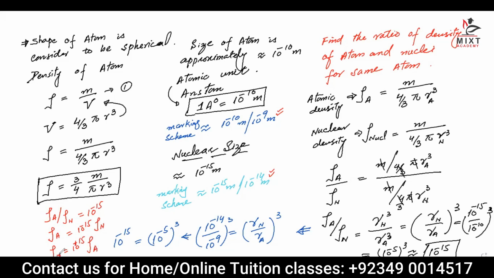So the nucleus is denser as compared to the atom. Have you observed that? So how much denser? 10 raised to power 15 times. These are some of the basic things they ask in the paper about the atom.